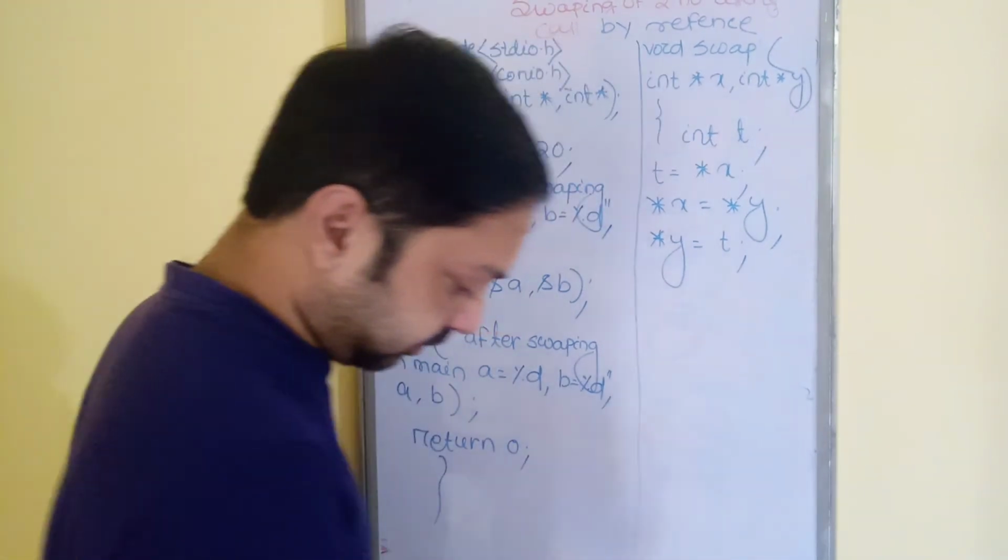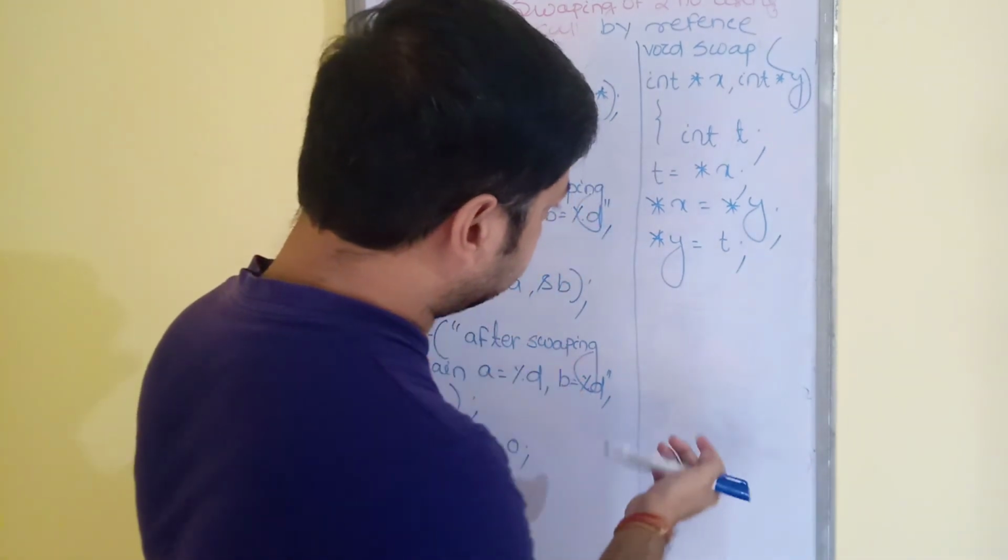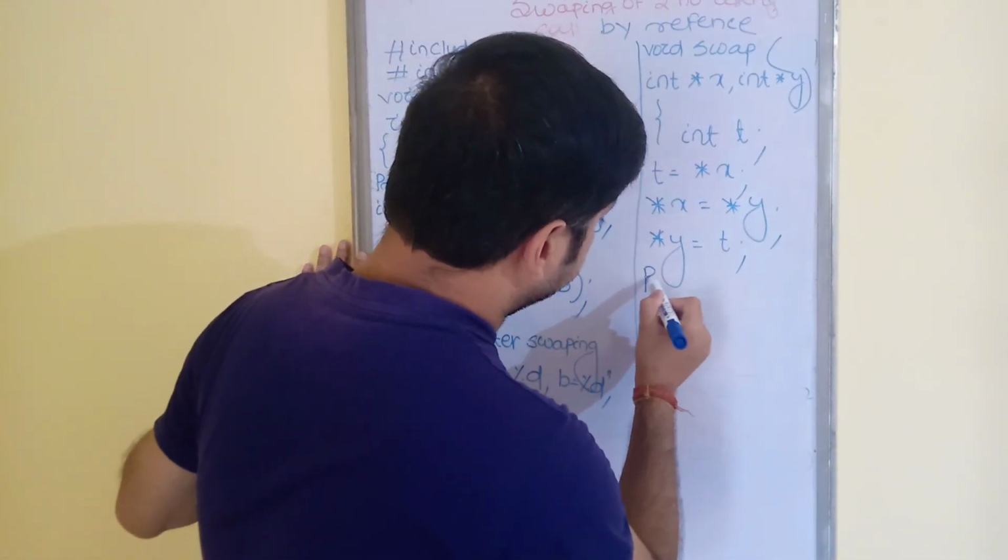Then I should print here the values of that one. So how to print that? It is again using printf statement.